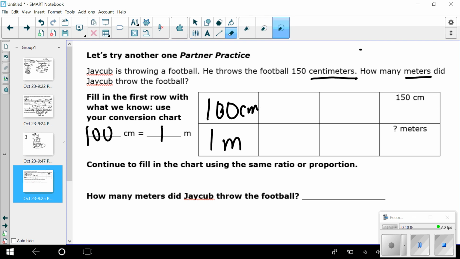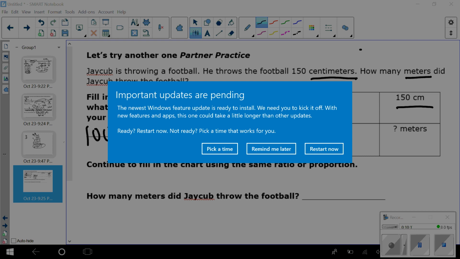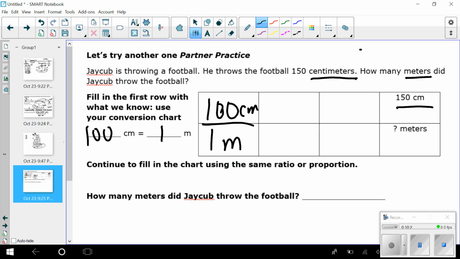So how can we get from here to here, right? A couple things can happen here.